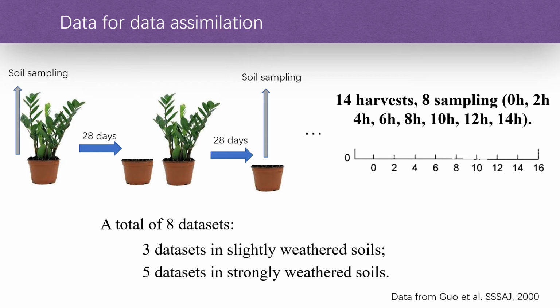After every 2 croppings, they sampled a small amount of soil to determine soil phosphorus fractions. They planted crops in plastic pots in a greenhouse and determined soil phosphorus fractions using a commonly used procedure, that is, the Hedley soil phosphorus fractionation procedure.